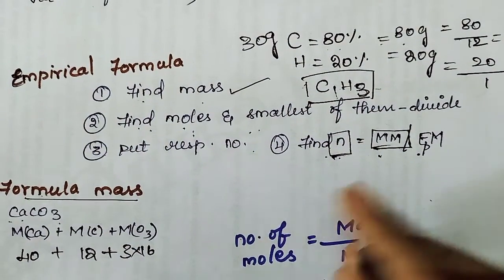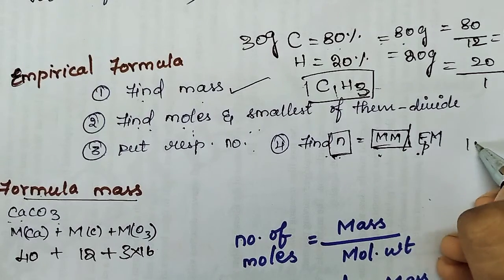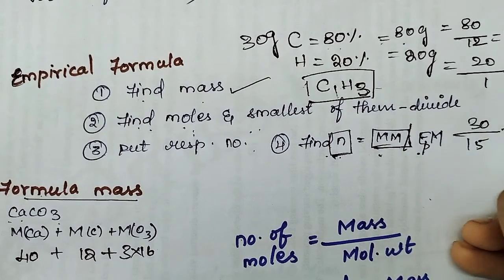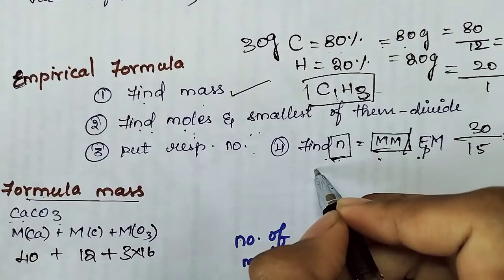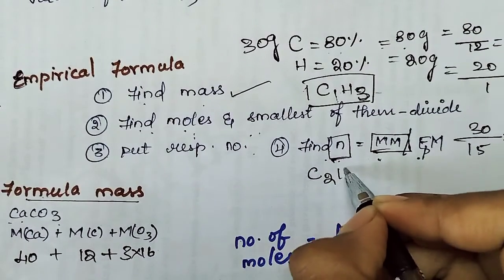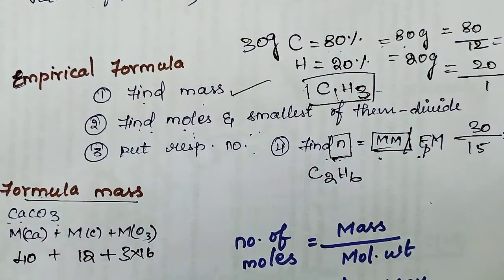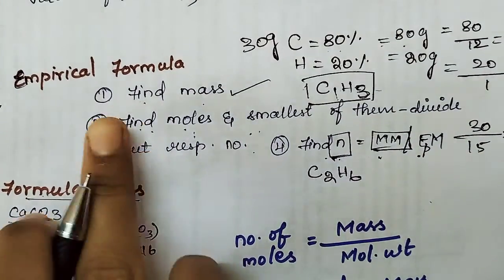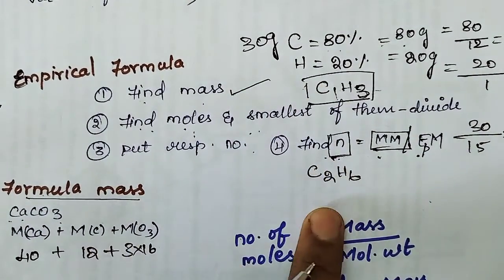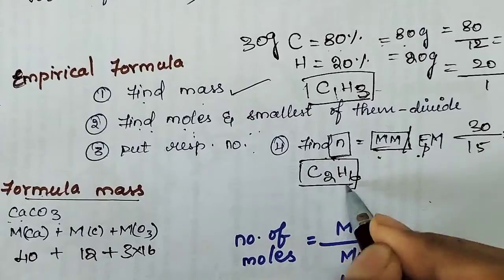Now empirical mass is 15, molecular mass is 30, so n is 2. If you multiply this with 2, we get C2H6. So this is the formula mass, that is the empirical mass, and this one is the formula.